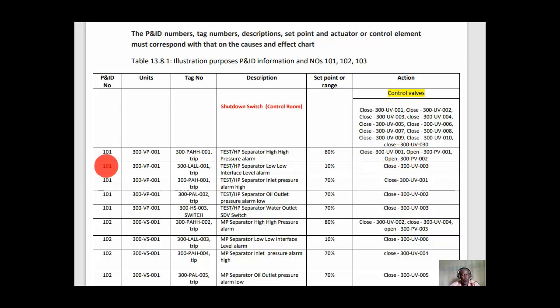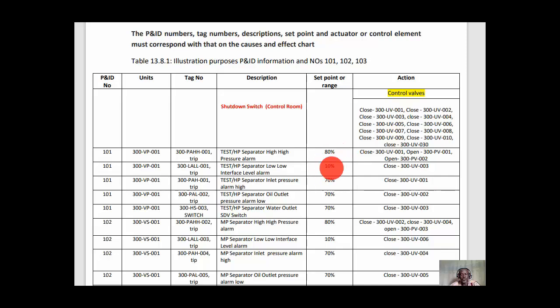Take a look at P&ID number 101, with the unit 300-VP-01. The tag number is 300-PAHH-001 trip. The description is telling us that the test high pressure separator is on high pressure alarm and the set point is 80%.